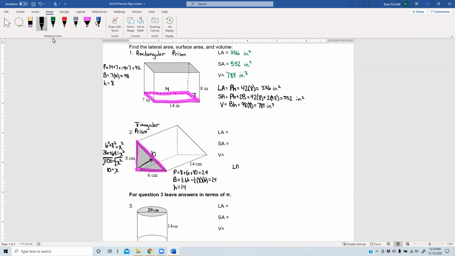So for LA, lateral area, remember, pH. So perimeter is 24, H is 14. 24 times 14, 336 centimeters squared. So that's our lateral area, 336 centimeters squared.